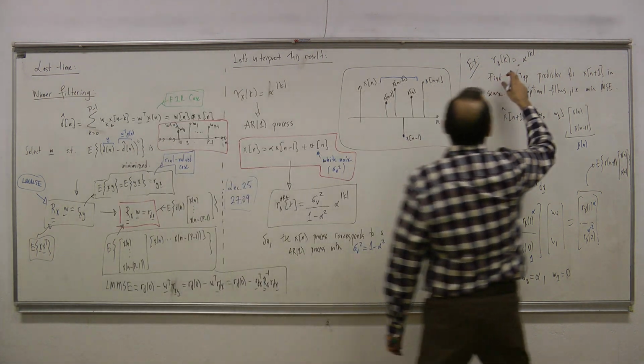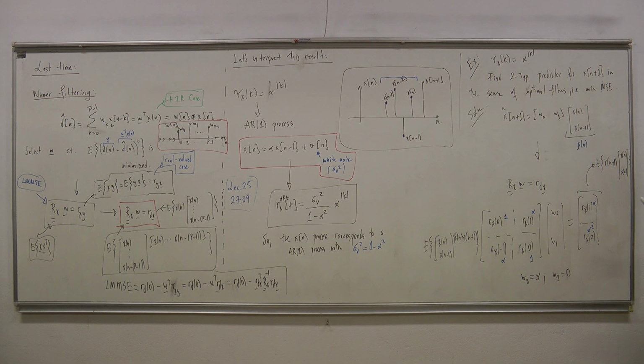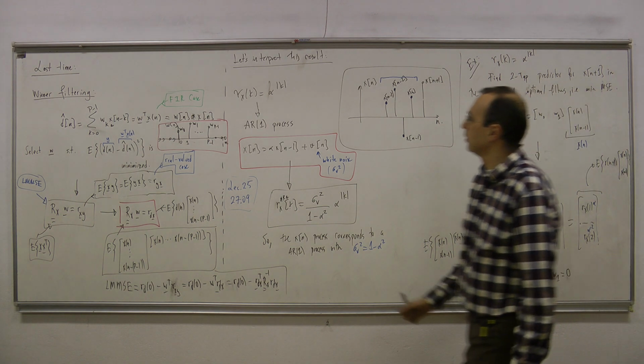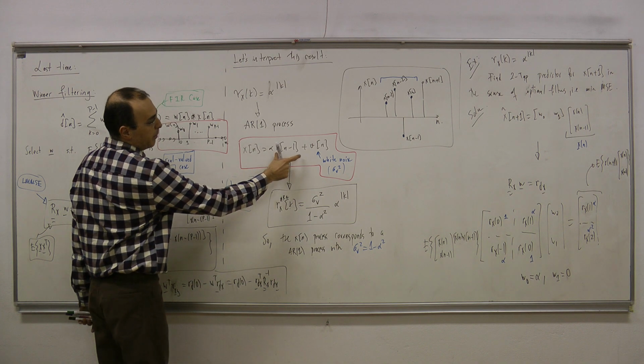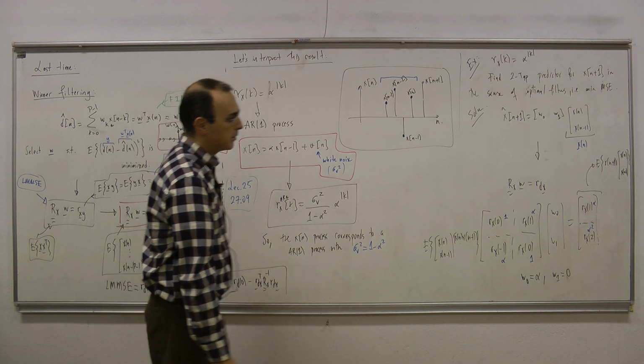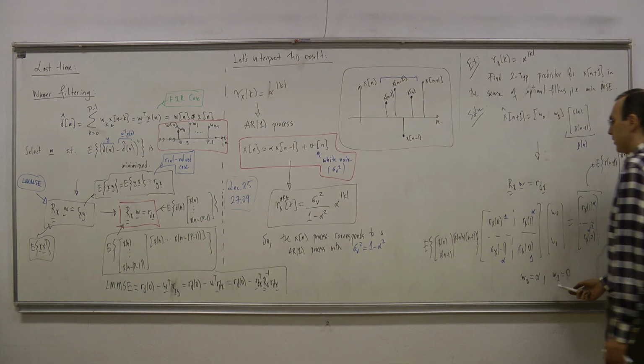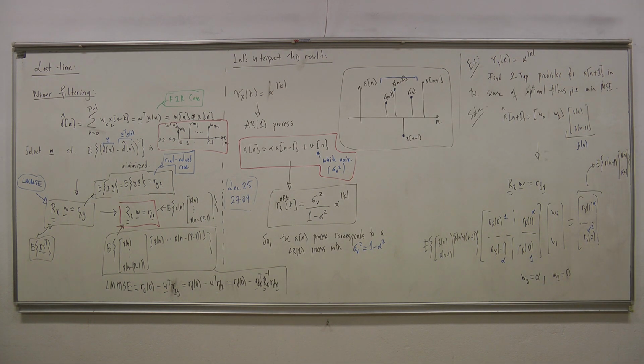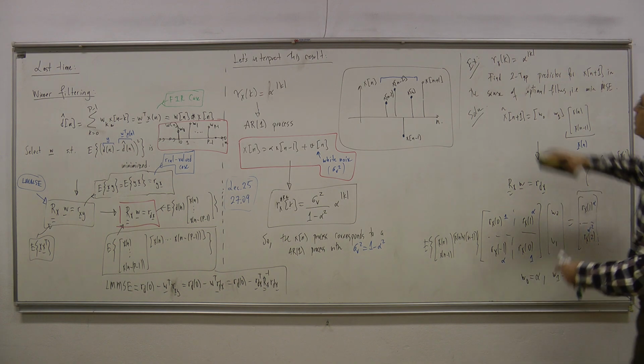This is Rx of k. So if I know, let's say, this sample, and I'm looking for the next sample. So does this make sense then to implement this filter? Okay. So then let me erase this.